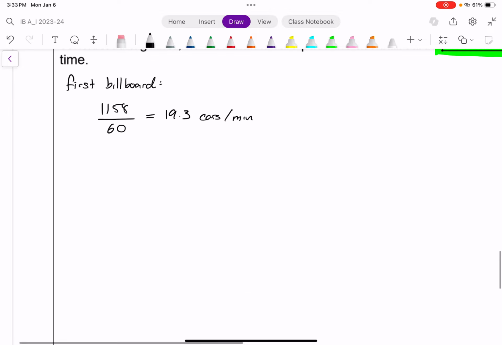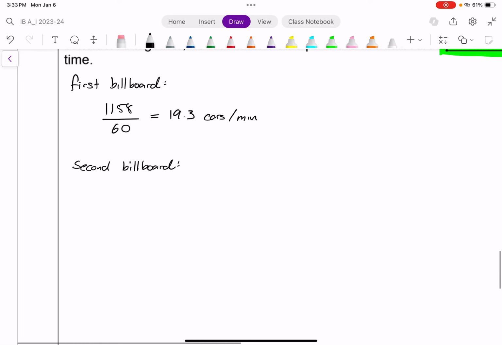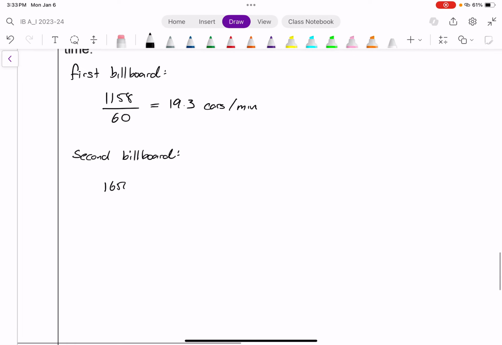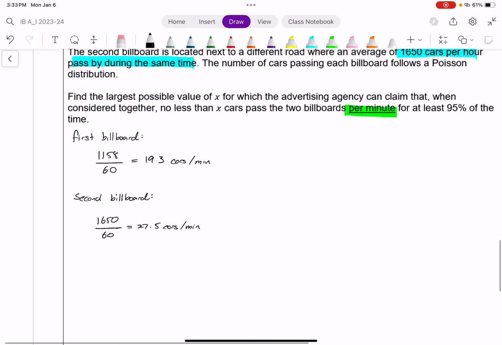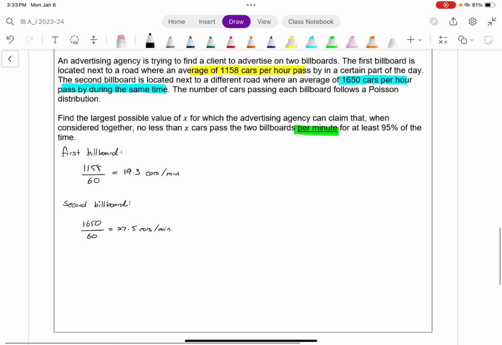And for the second billboard, instead of the 1,650 per hour, divide by 60, and I get 27.5 cars per minute. So at least we have these scaled down to the time frame asked for in the question.